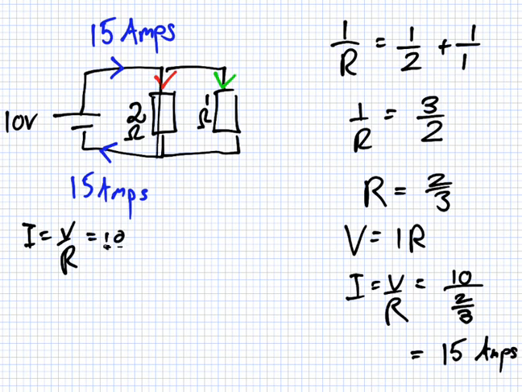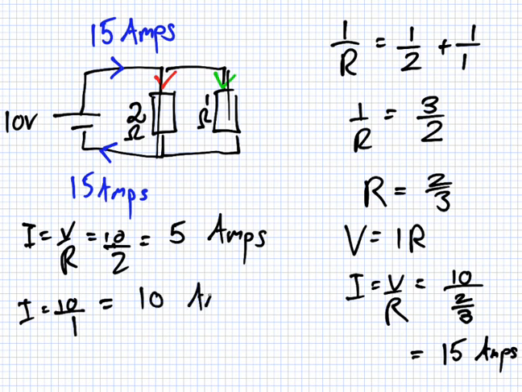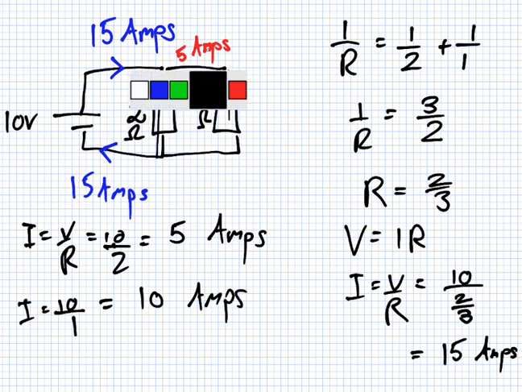And what's the R? 2. So this is 5 amps. And then here, it's 10 divided by 1, which is 10 amps. So what happened here was your 15 was split into 5 amps and 10 amps.